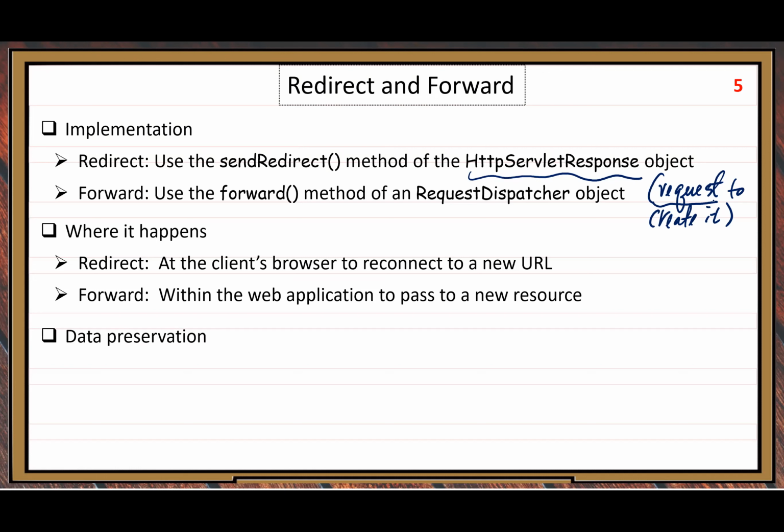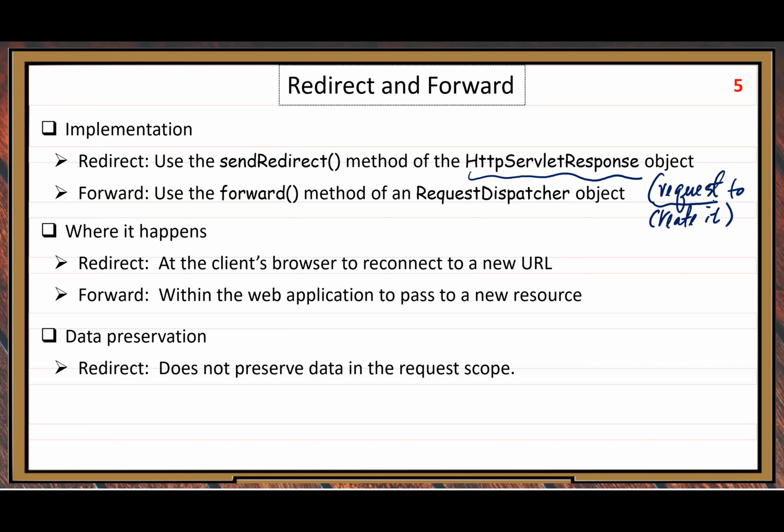Data preservation difference. Another important aspect. Redirect does not preserve data in the request scope, because it terminates the old request scope and starts a brand new request scope. So the data stored in the old request scope is gone.